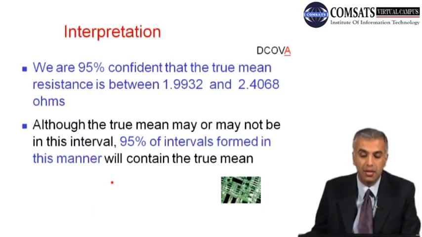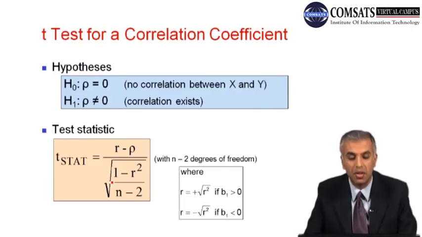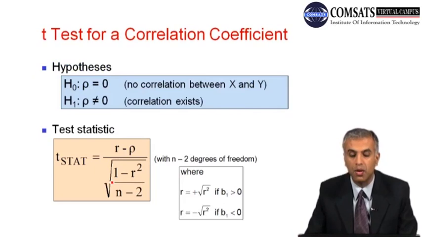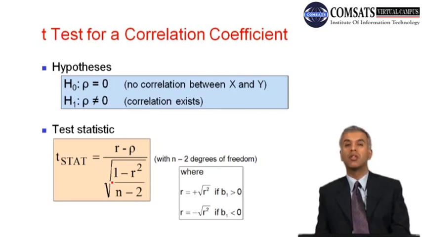Then we had a discussion on the interpretation, as you can see, and then how to go ahead with the values here. Then we had a brief discussion on the t-test for the correlation coefficient. It's the same thing as how we developed the hypotheses, the null hypothesis and the alternative hypothesis, but the means to test these hypotheses is based on the t statistic here.